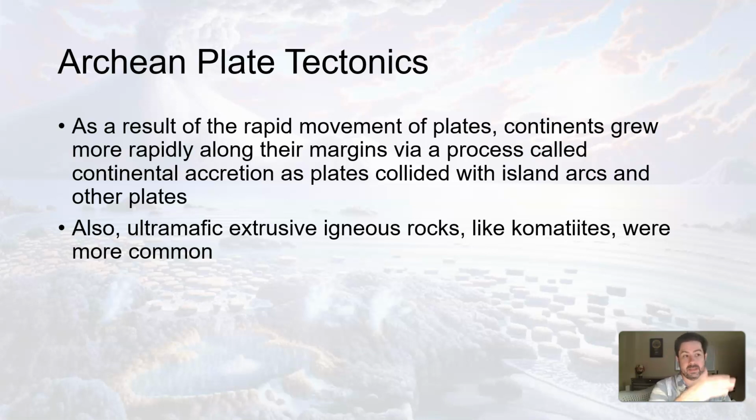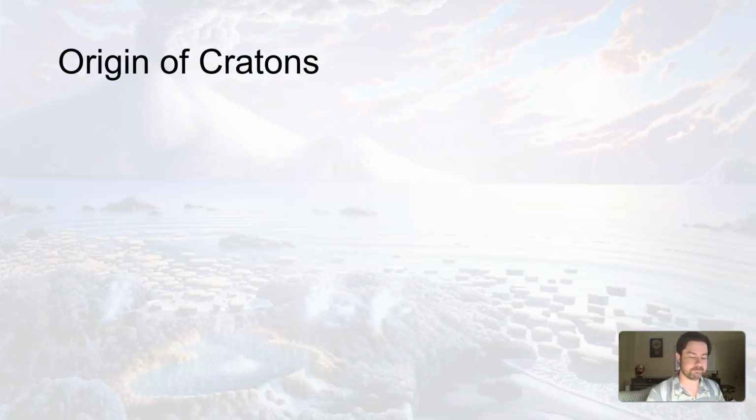So because of this faster process and this heat, we do see extrusive ultramafic, very dark igneous rocks that usually date to pretty far back, and those are known as komatiites, and that's common from that era.